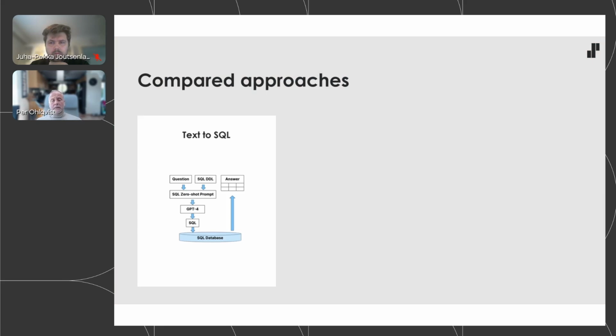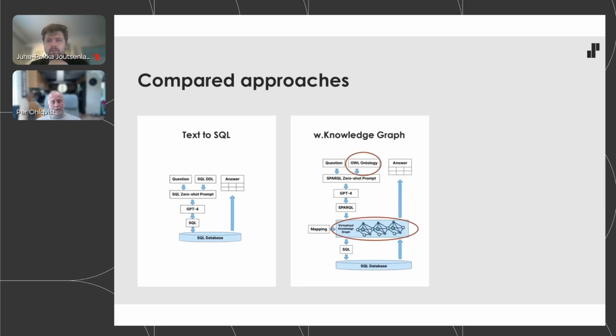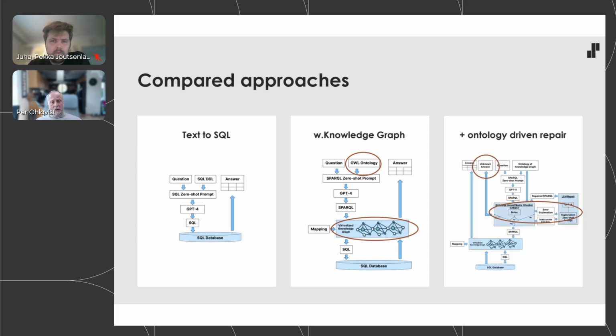First of all, they had a baseline, direct text to SQL. Here they used GPT-4 to create queries on a database. Secondly, they had an alternative approach where they introduced a layer of knowledge graph based on an ontology. And the third approach added what they called an ontology-driven check.